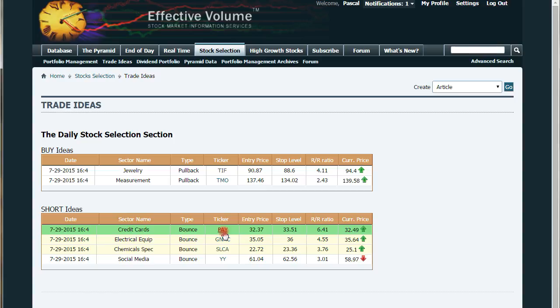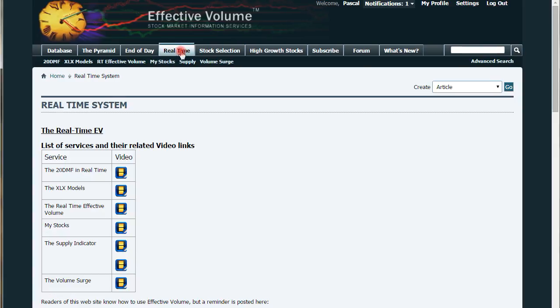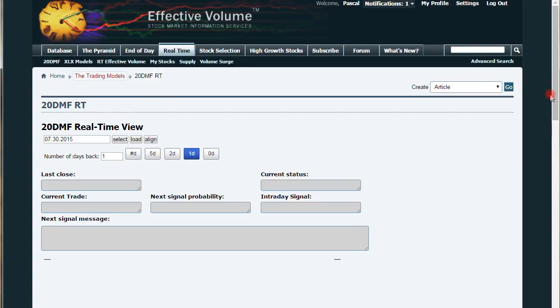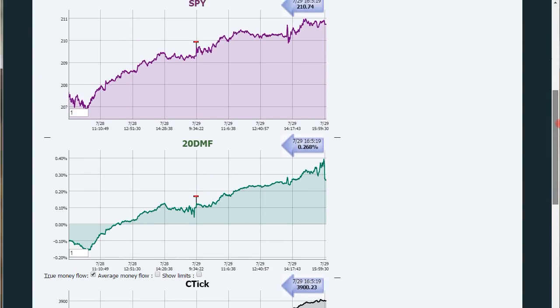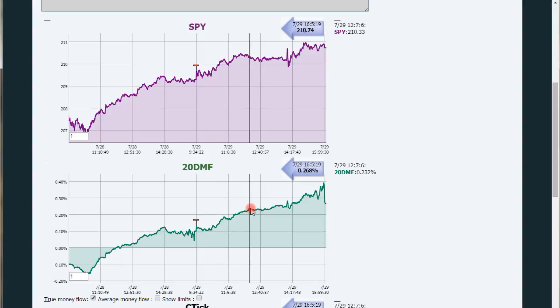Why? Because yesterday, if I look at the real-time system, I click on the 20 DMF, you can see that yesterday money was really moving here into the market. Money was moving into the market, and I don't want to short individual stocks when we have such a positive day.